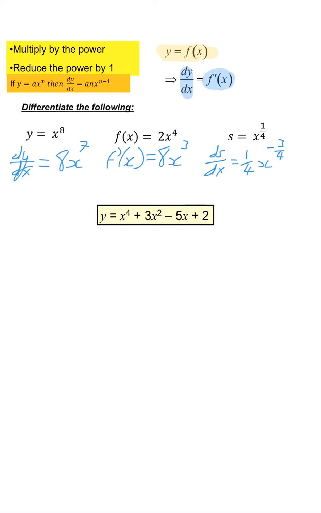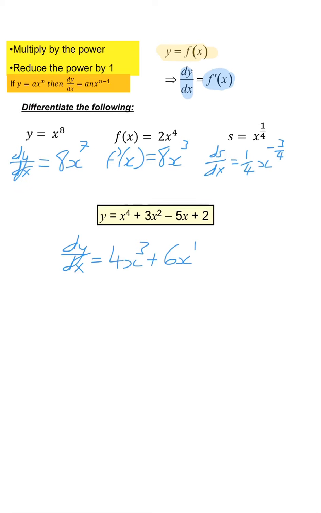Okay, let's have a look at the bottom one here. We have y equals x to the power of 4 plus 3x squared minus 5x plus 2. So finding dy dx. x to the power of 4 will be 4x to the power of 3. Next one, multiply by the power, so 2 times 3 is going to be 6. Reduce the power by 1, so that would be 6x to the power of 1.